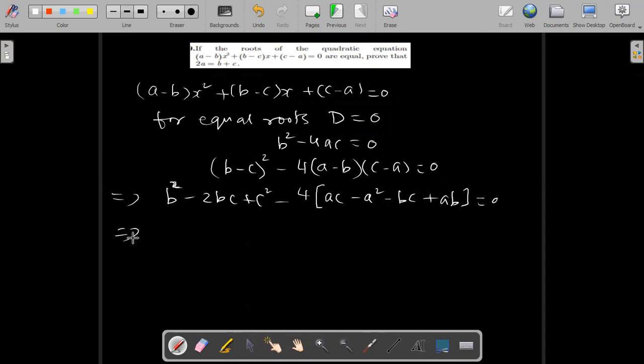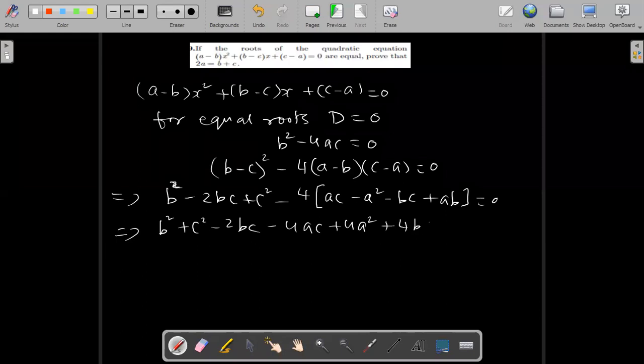Now multiply 4 inside. We get b square plus c square minus 2bc minus 4ac plus 4a square plus 4bc minus 4ab is equal to 0.